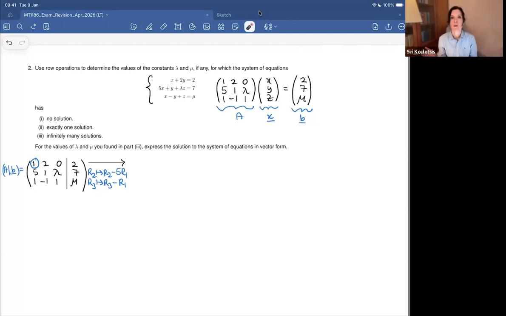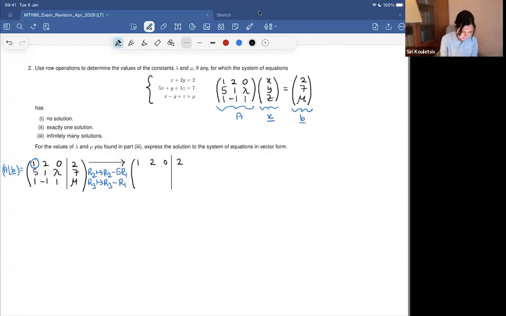And row 3 minus row 1 will give us a 0 there. Okay, so we can just write down row 1. We're not doing anything to row 1. And now just do row 2 minus 5 times row 1, and row 3 minus row 1.